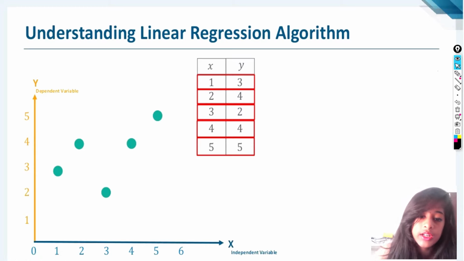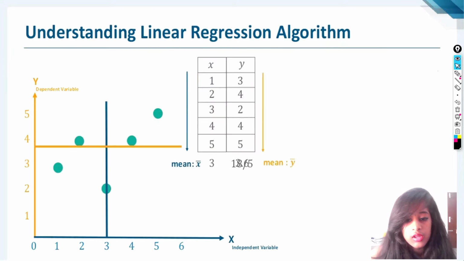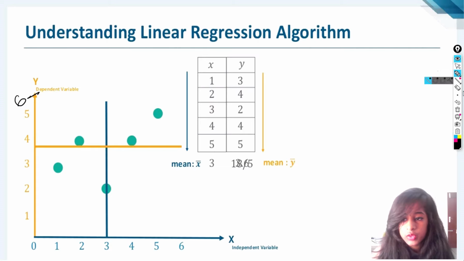Now we have marked all of them right here. Let's move forward and check the next. First and foremost, while checking their correlation, or when you want to predict another value, like for 6 here, what are you going to get?